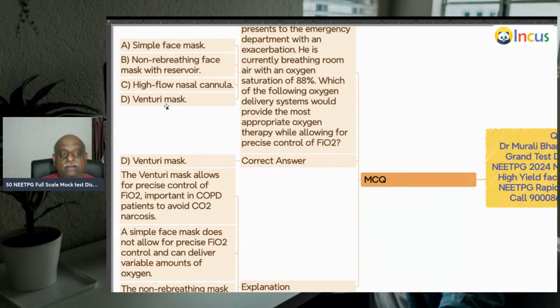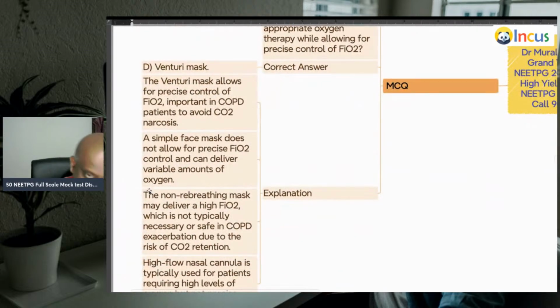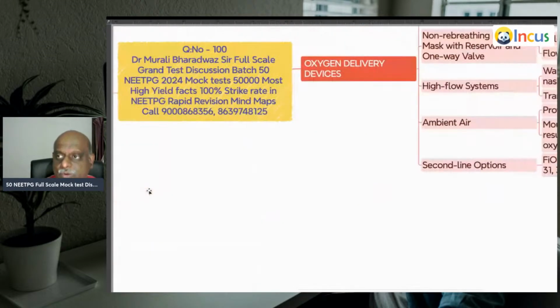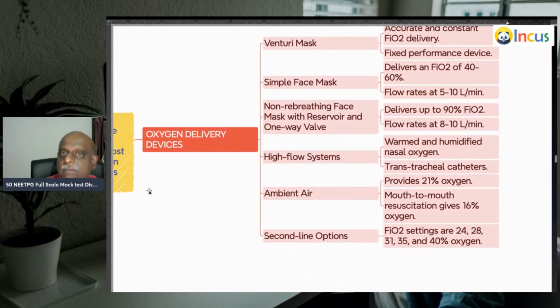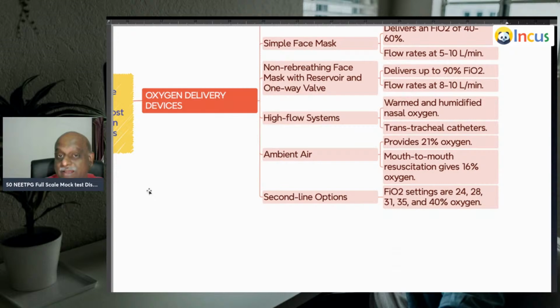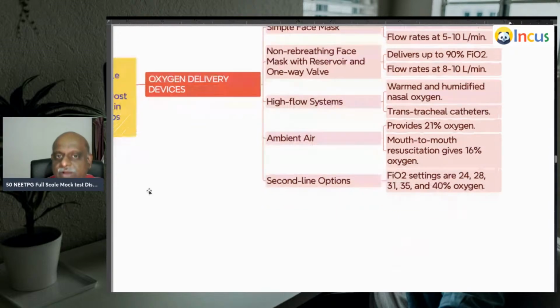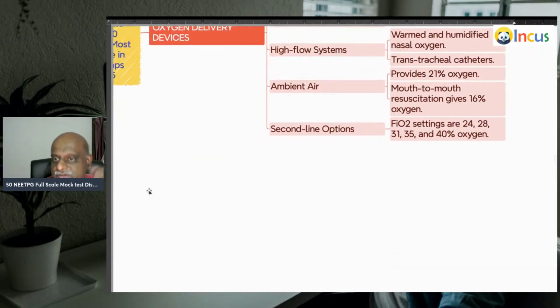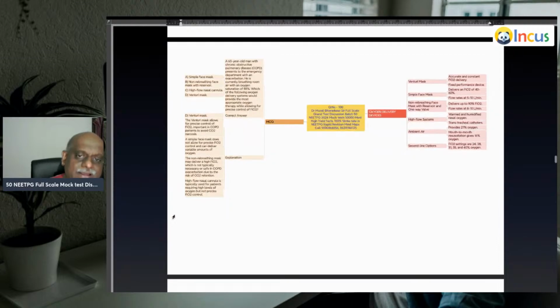It's very important in COPD patients to avoid CO2 narcosis. A simple face mask does not allow for precise FiO2 control. So Venturi mask, simple face mask, non-rebreathing face mask with reservoir and one-way valve, high flow systems, ambient air, second line options, everything you should be very sure about, doctor.